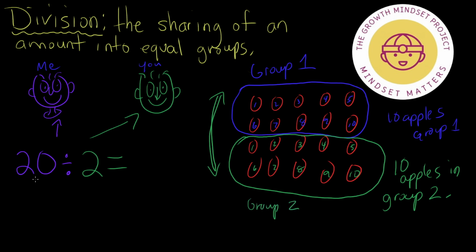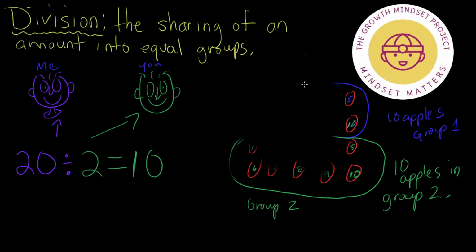So our 20 apples in total have been put into 2 groups. How many apples are in each of those groups? Well, we can see that right here. There's 10 in each group. So 20 divided by 2 is going to give us an answer of 10.